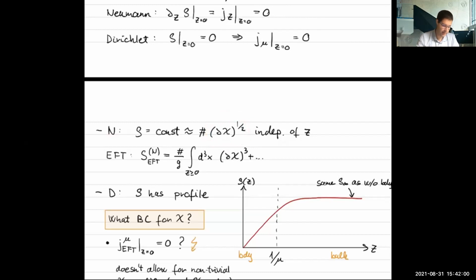And so the EFT to leading order is simply the restriction of, or integrating, the Lagrangian on half space. So for z greater than 0, we integrate the original Lagrangian. And for this example, I'm in 3 dimensions, so (d chi)^3. Okay, so that was straightforward.